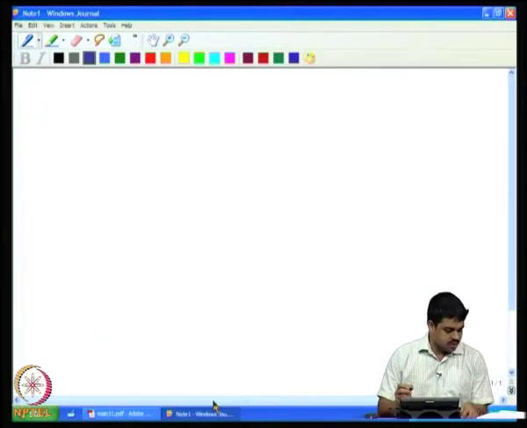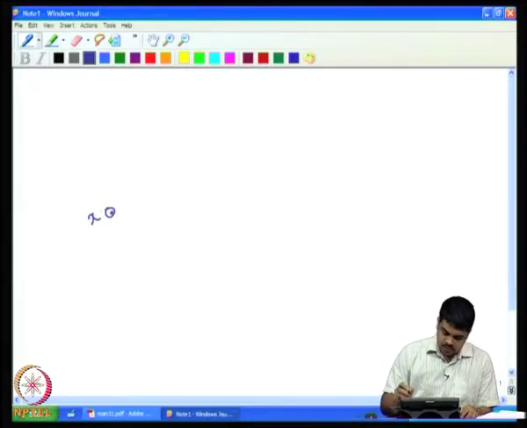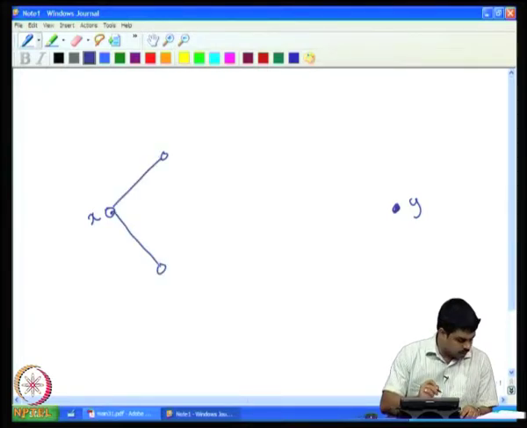So, for instance, we can draw a network. Let us say we mark one x and a y. So, two vertices are special. Then we draw say two arcs here, and then let us draw an arc here.